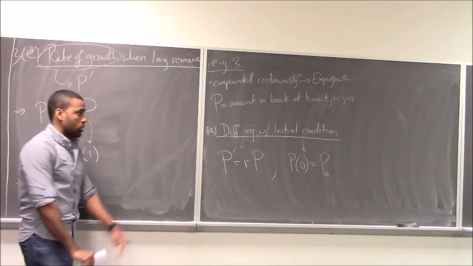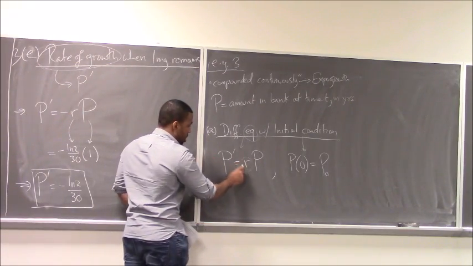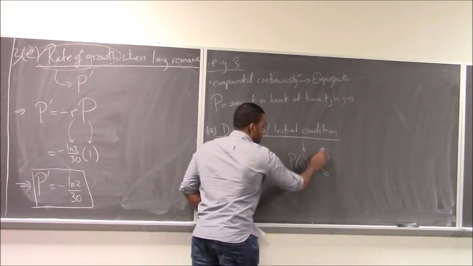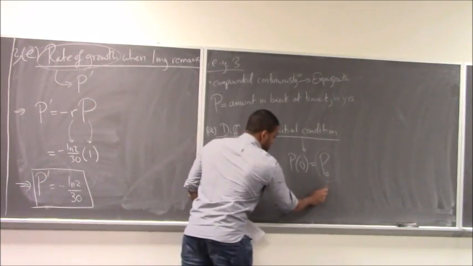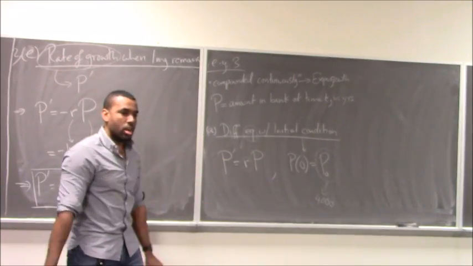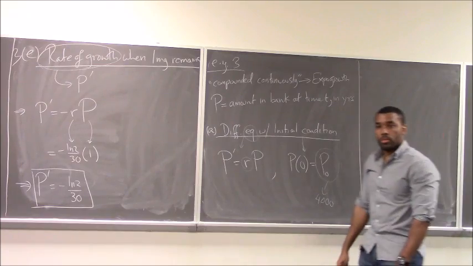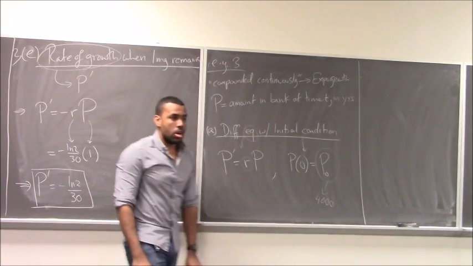This question is asking for these two equations. You need to fill in the R, and you also need to fill in the P naught. In this case, the P naught is easy. They just told us right away that it's 4,000. That's not a big deal. But how do I find the R? What is the interpretation of R here?